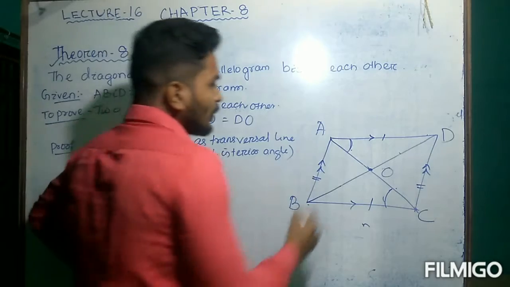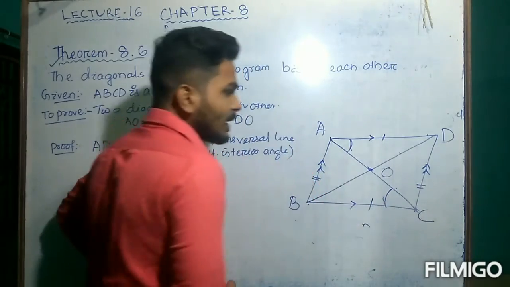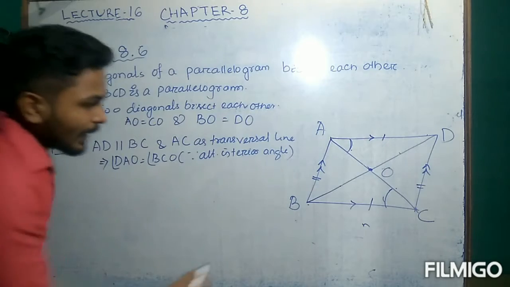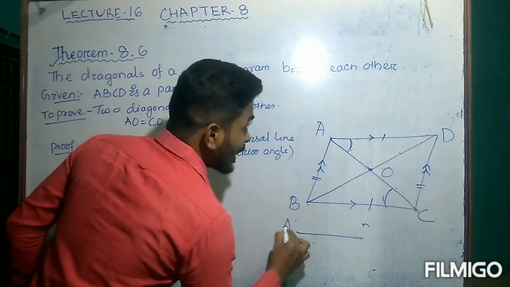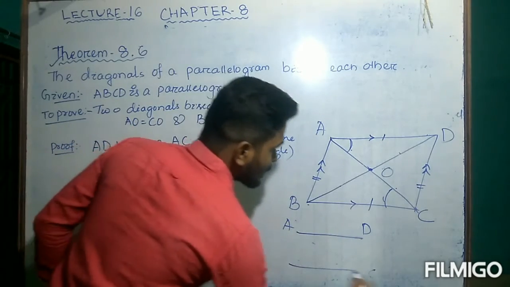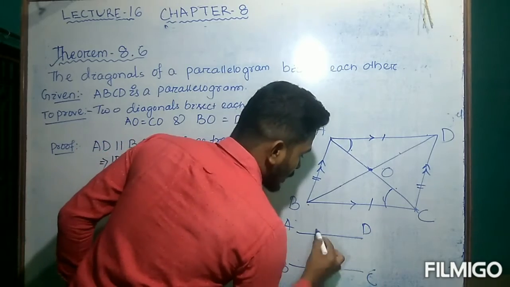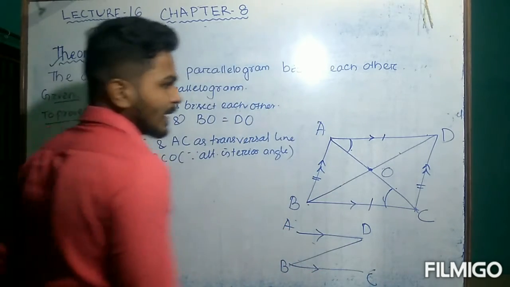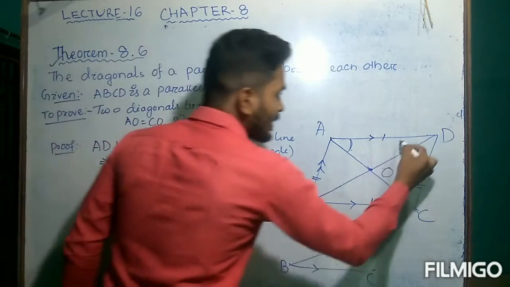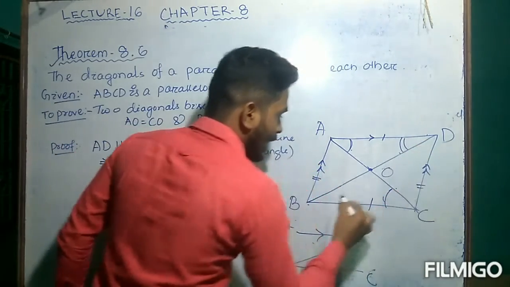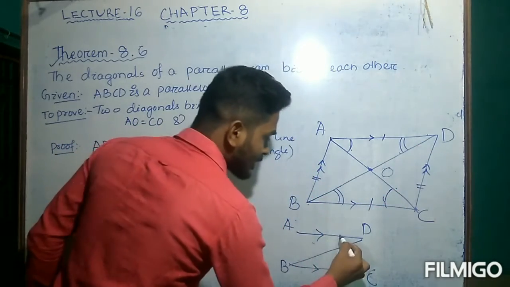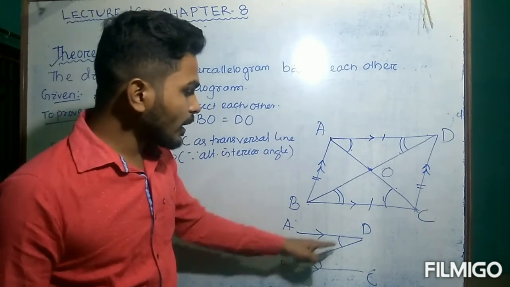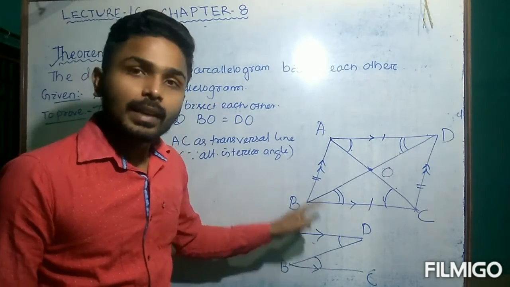Similarly, if we consider AD and BC as two parallel lines and DB as a transversal line, like this, this is AD and this is BC, two parallel lines, and DB as a transversal line, right? Since DB is a transversal line, this angle and this angle are known as alternate interior angles, and we know alternate interior angles are equal.